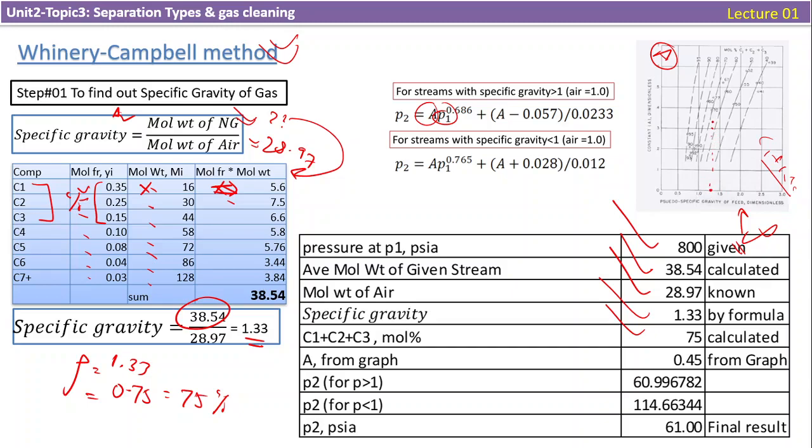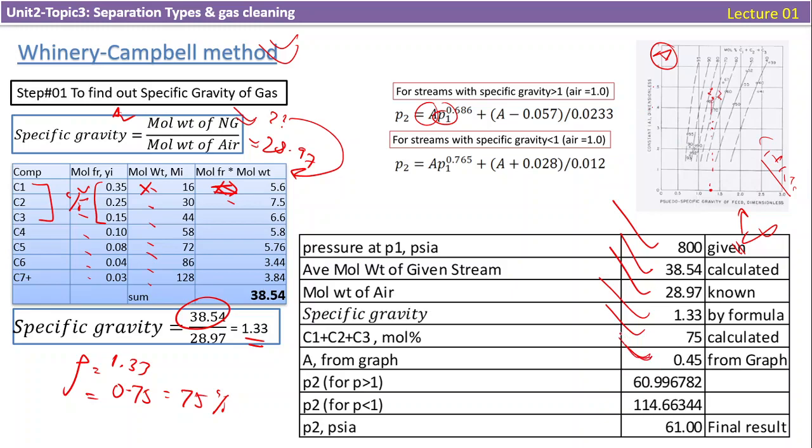So this is 70, this is 80. So it is between 4 and 5, and all these values are in decimals. So this is the 0.45 value.